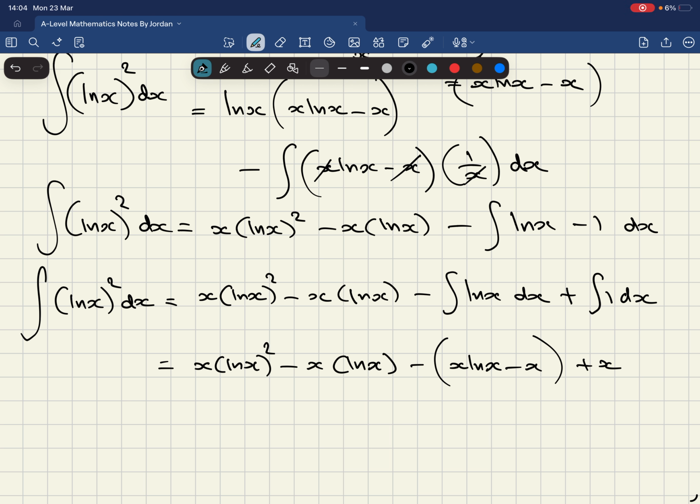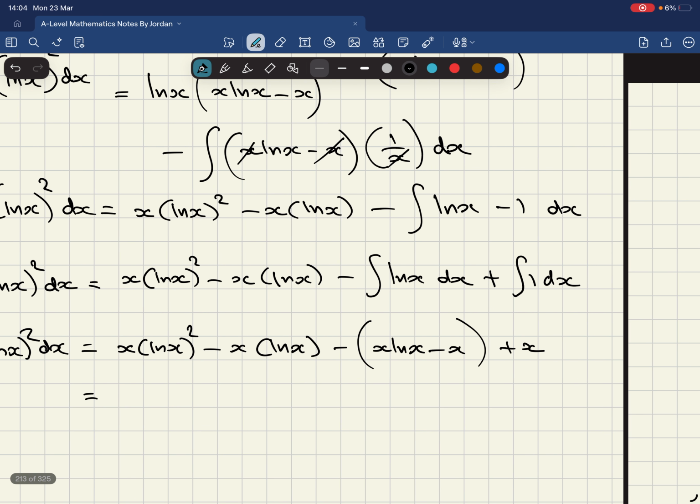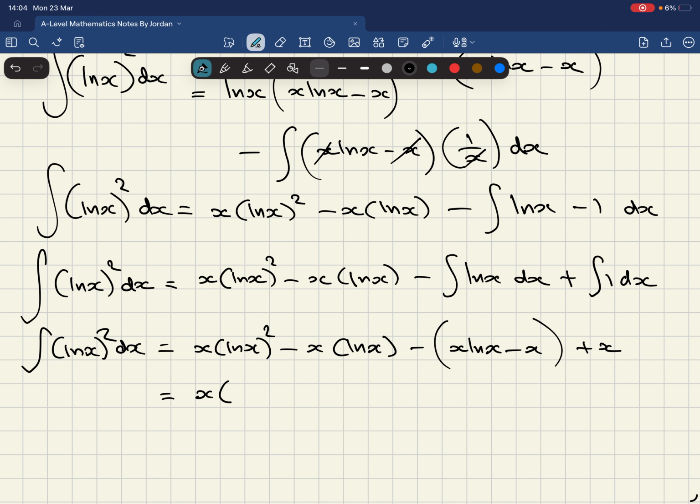I could write plus c at this stage, but I'm not going to yet. Try and do some simplifying. So that's minus x ln x, which you can actually see there. Let me just rewrite that so it looks the same.